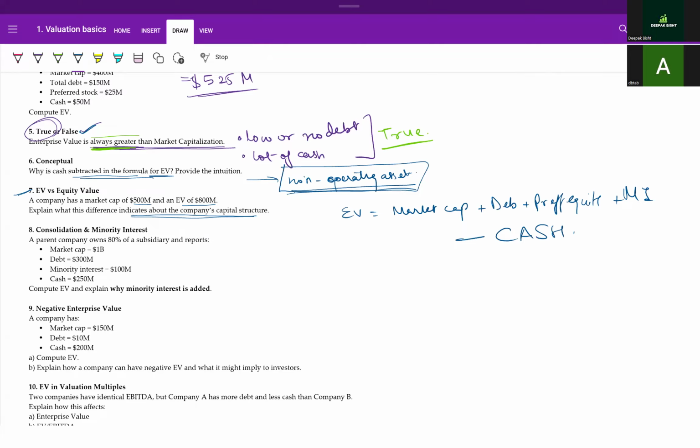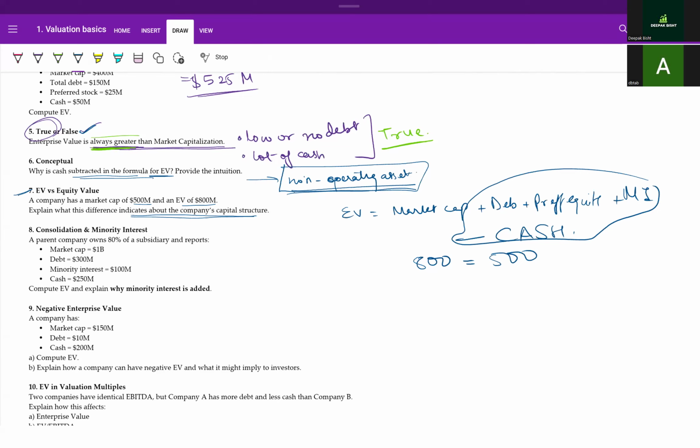If the enterprise value is 800 and the market cap is 500, the difference is coming from debt, preferred equity, minority interest, and cash.